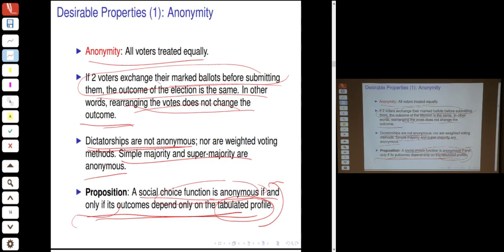As an example, you can think of the simple majority method. It just depends on the total number of votes obtained by each candidate, because it compares the total number of votes obtained by the candidates and picks out the one with the highest one. Okay. Any questions?